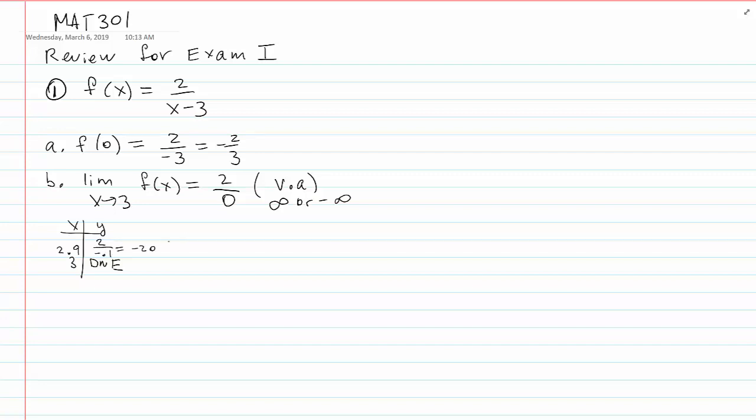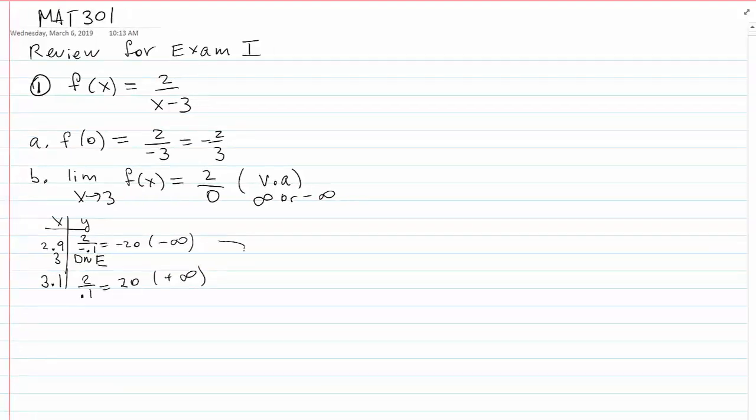In this case it's negative 20, just an example to show that the graph is approaching negative infinity. If you pick the number 3.1, then you get 2 divided by a positive 0.1, which gives us positive 20. That implies that we're approaching positive infinity. The closer you get to 3, the larger the numbers will become.